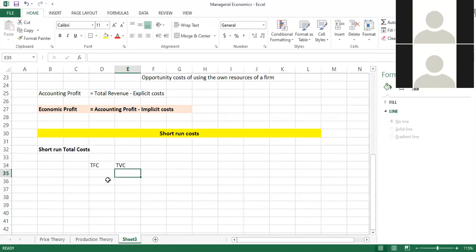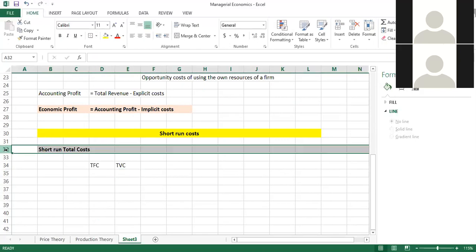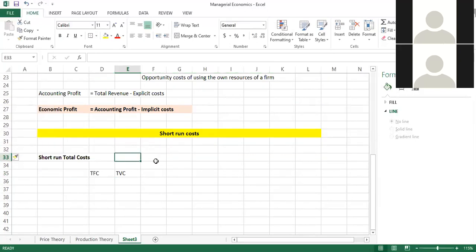The total cost in the short run is a combination of two main factors: total cost of the firm equals total fixed cost plus total variable cost. So there are two main components, and when you add these two, we get the total cost.